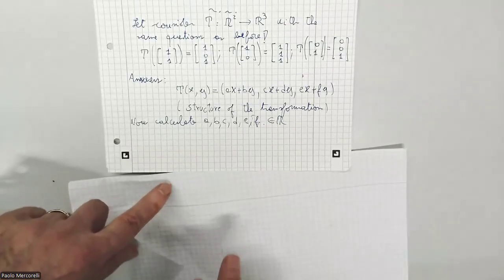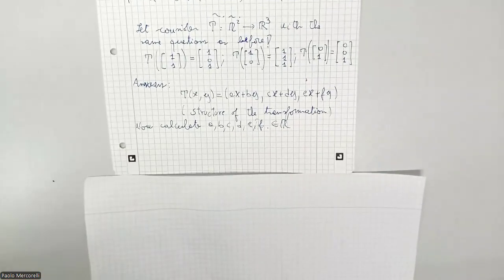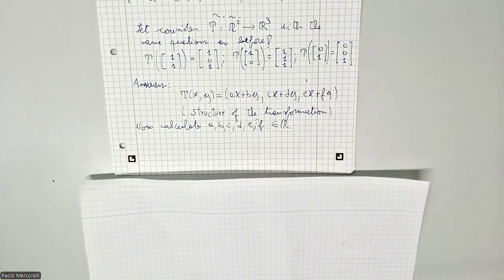Look at this second part. Let's consider the transformation T from R^2 to R^3, with the same two questions as before.